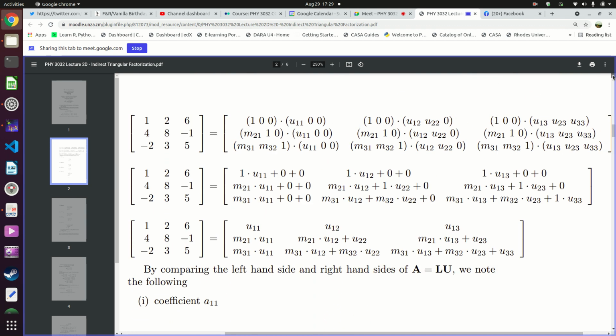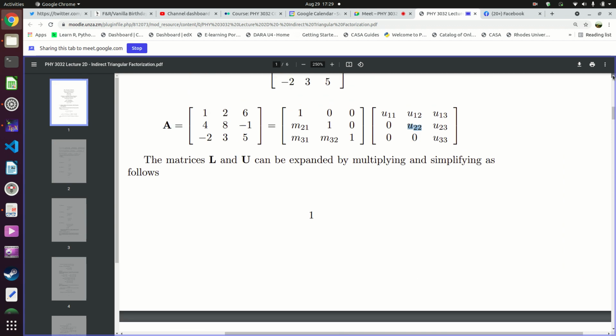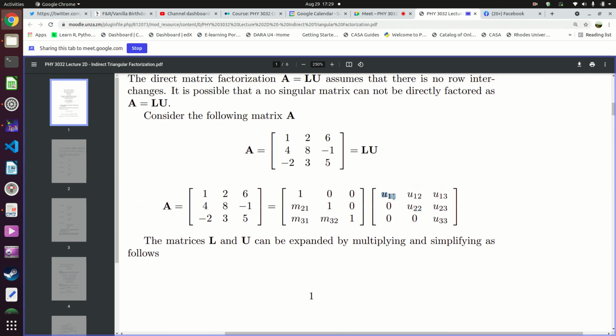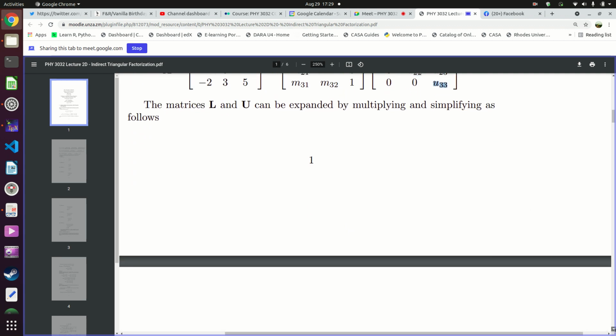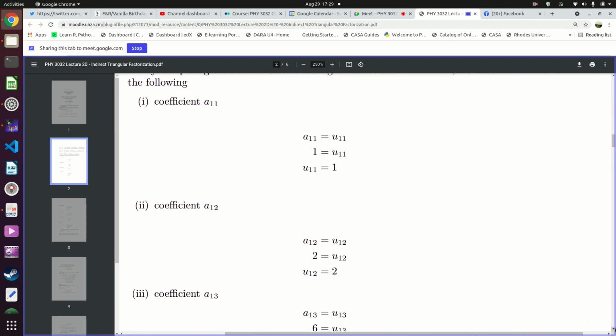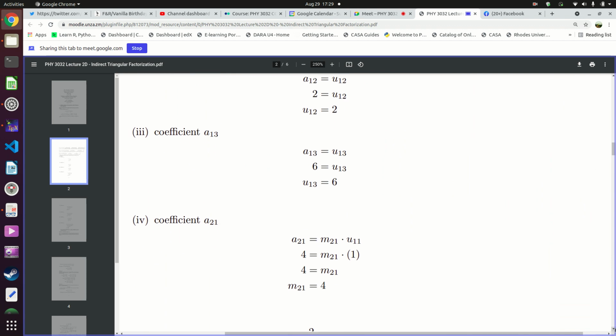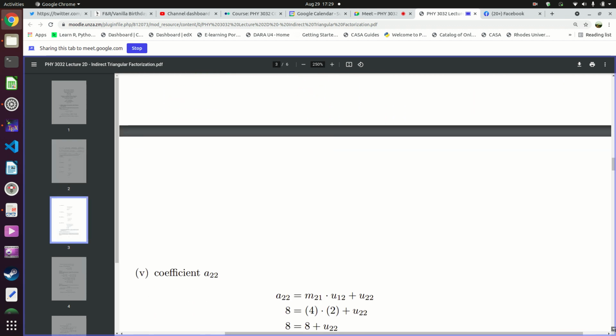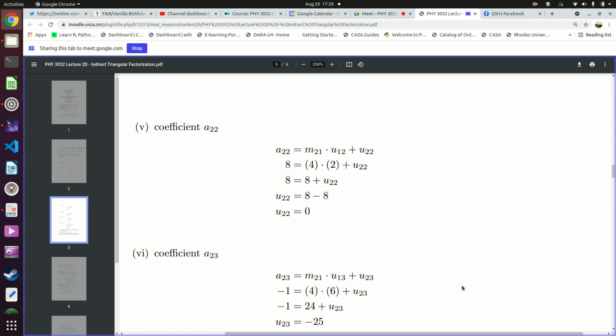We need to multiply U11 times U22 times U33. If the determinant is not equal to 0, then it simply means there's a solution to this matrix. In this case, one of the diagonal elements U22 is equal to 0. That simply tells you that there is no solution the way this matrix is, if you do it without an interchange.